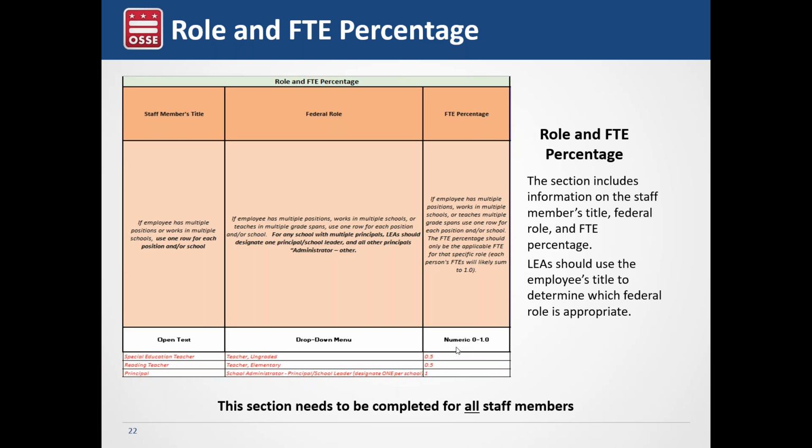Maybe as an HR person you don't, but someone in your school has access to those grades, and so you should still choose the appropriate grade span. Please do not use teacher ungraded. I don't even think it's an option this year. But do be really careful about that federal role, making sure that it matches up with the technical guide.